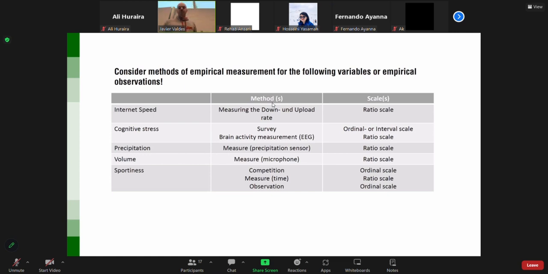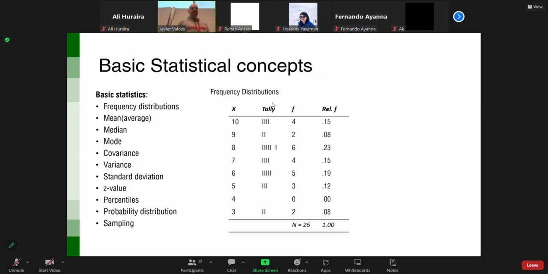Okay, now, let's say that we have some kind of data. The first thing that we are going to look into is how the data is distributed. What is the distribution of the data? How does it look like? That's the first thing that will be interesting for us. So in this case, we have X, which are the results that we can have, okay?